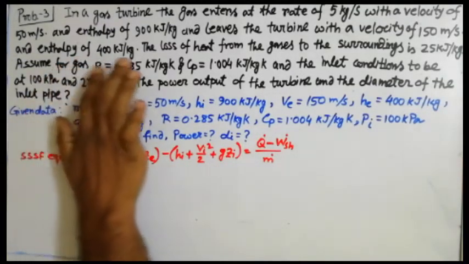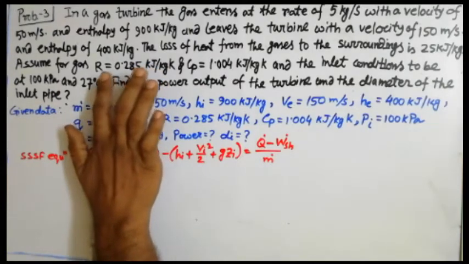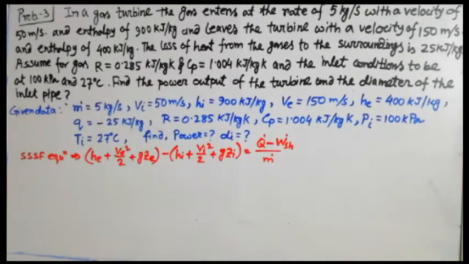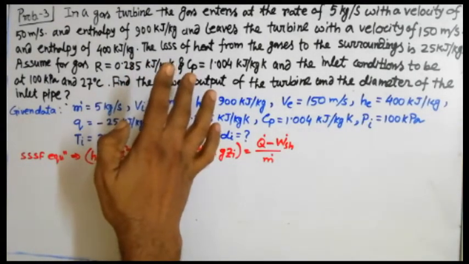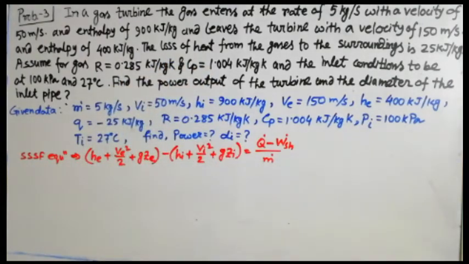Now, assuming for the gas, the characteristic gas constant R for the particular gas entering the turbine, or the specific gas constant, is 0.285 kilojoule per kg Kelvin, and the specific heat at constant pressure is 1.004 kilojoule per kg Kelvin.